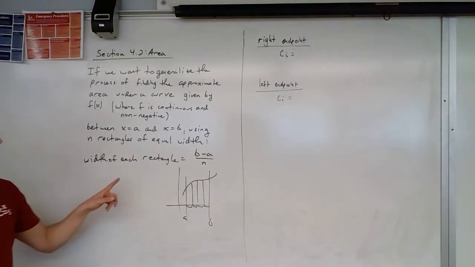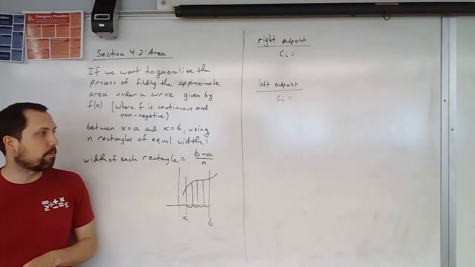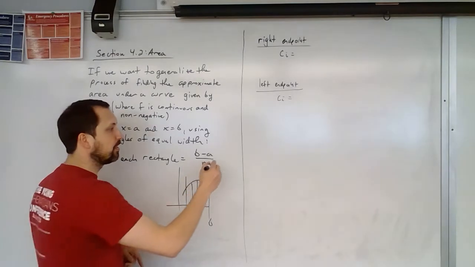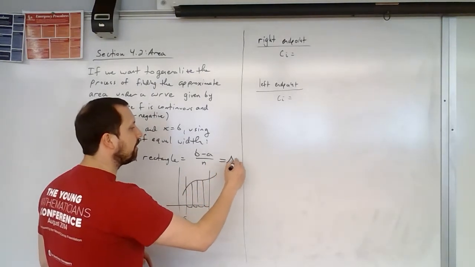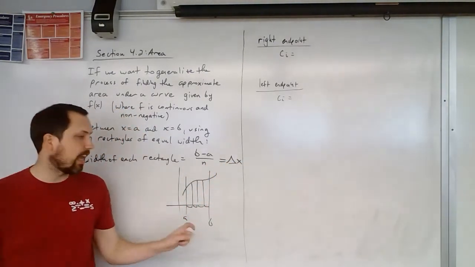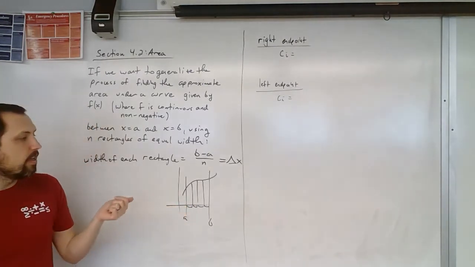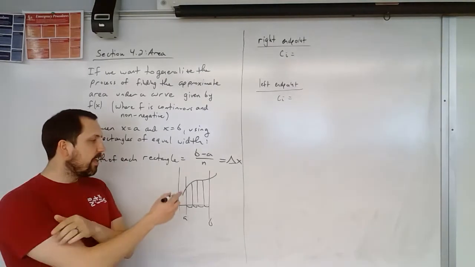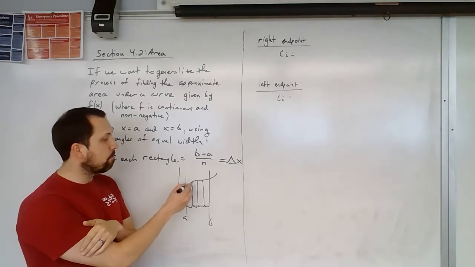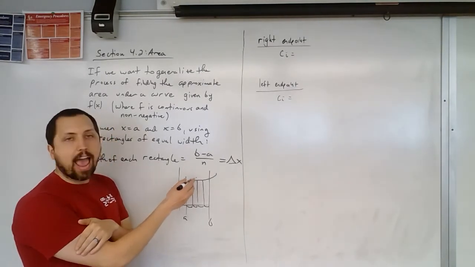The width of each rectangle is going to be b minus a divided by n. Now for notation purposes, I'm going to call this delta x. This is the change in the x values, because we're just looking at widths in the x values. Now the height is going to be determined by the function value at any of these points.